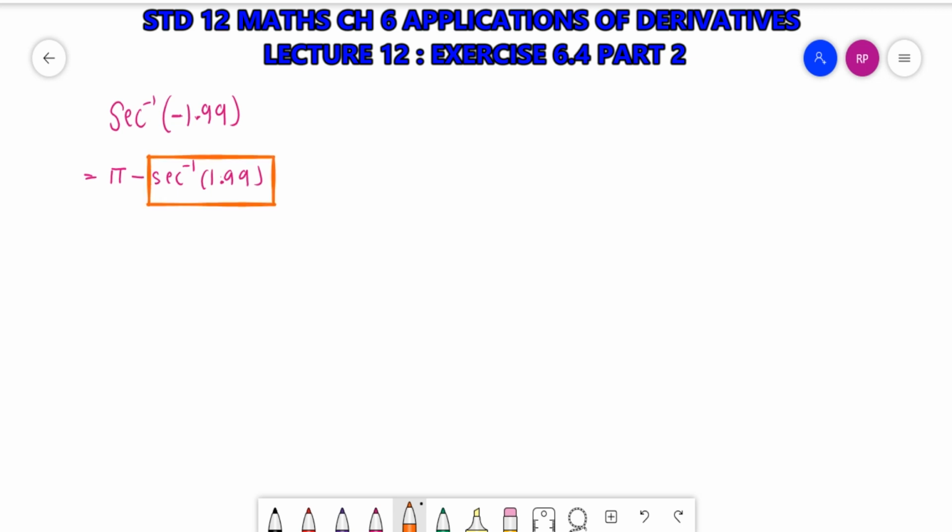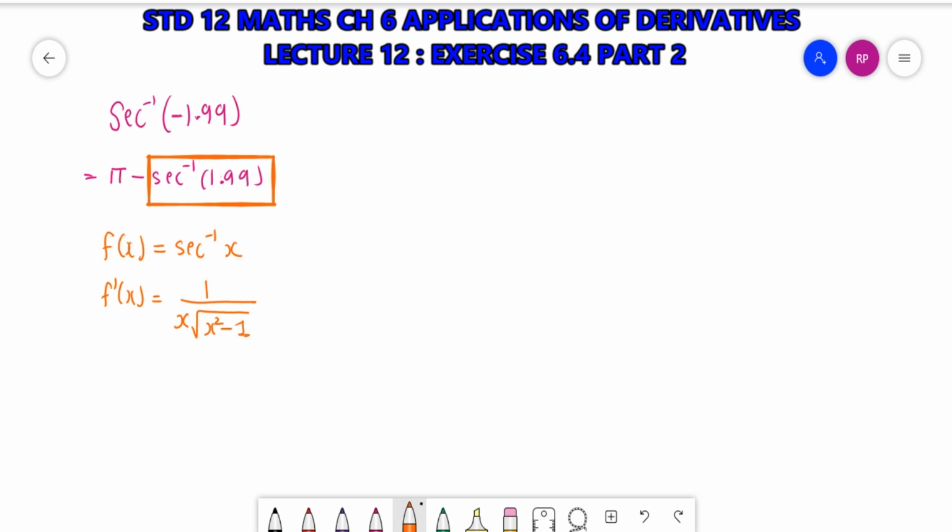So now let's select sec inverse 1.99 as our function. Let's take f(x) is equal to sec inverse x. So now what will be f dash x? Derivative of sec inverse x is 1 upon x under root of x square minus 1. Now we need to find out sec inverse 1.99, right?